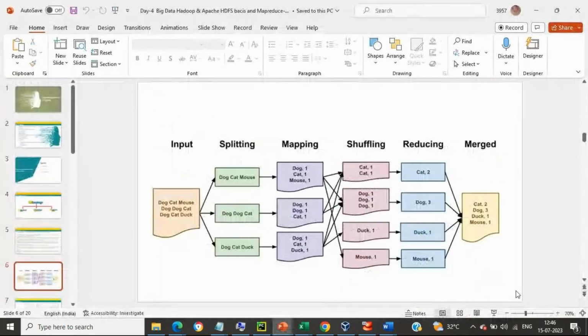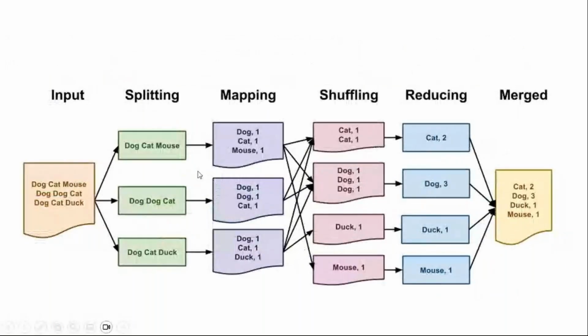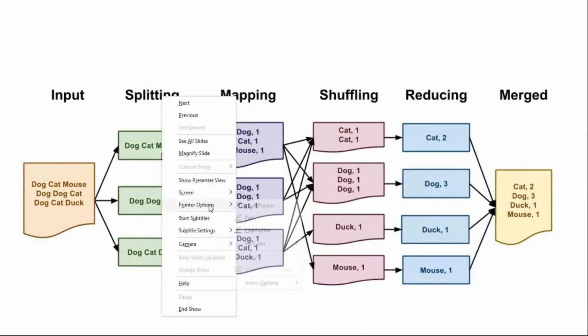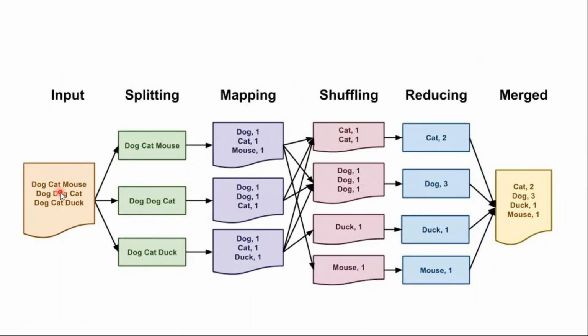Over here, say we want to calculate the frequency of these particular words, like how many dogs, how many cats, and how many ducks are there. Like we are going to calculate the animals. This data is in a file. It is given to the splitter. The splitter has split it into blocks.